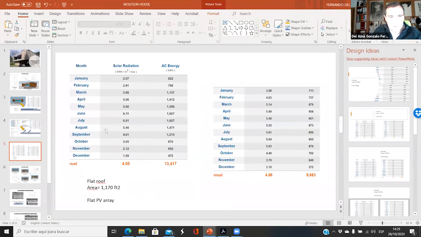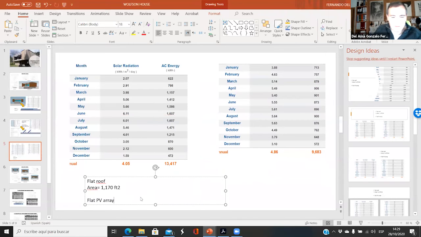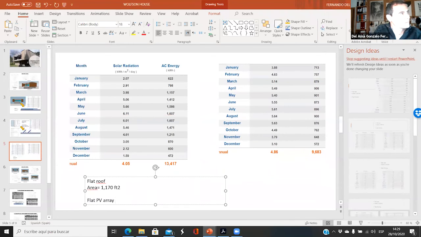What was the number of panels with the first option? I don't remember. I think it was 65 panels, something like that.